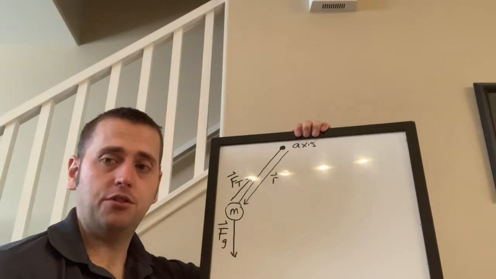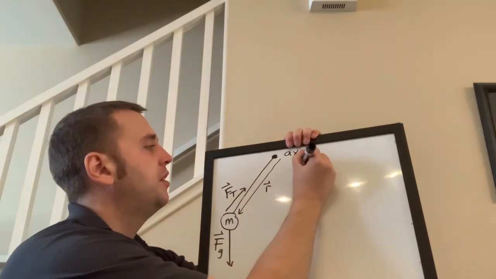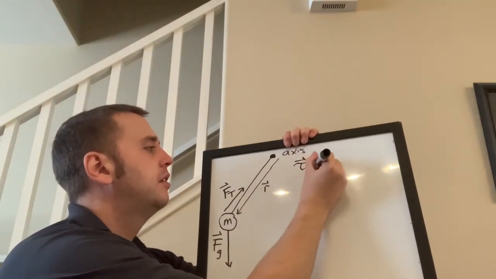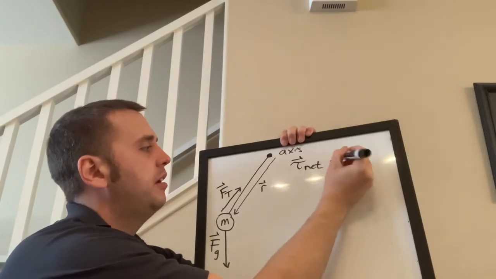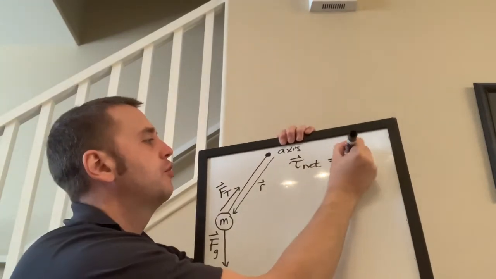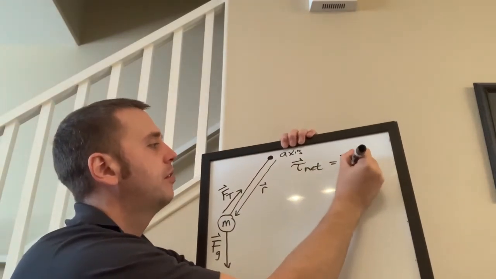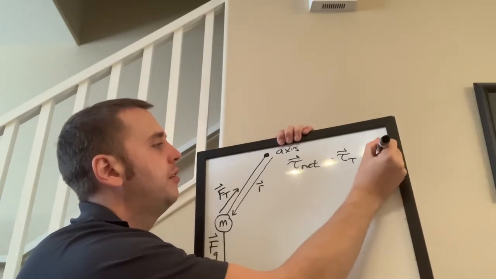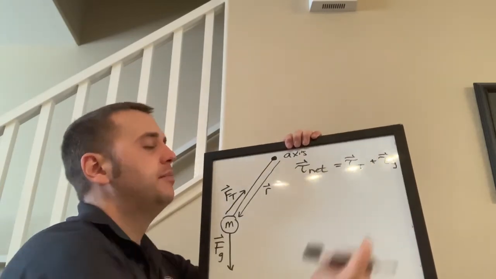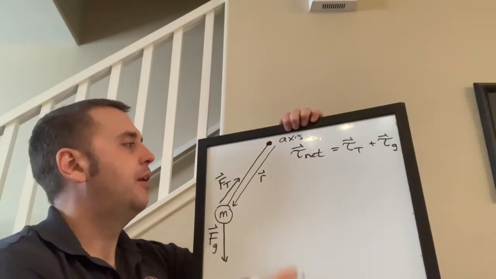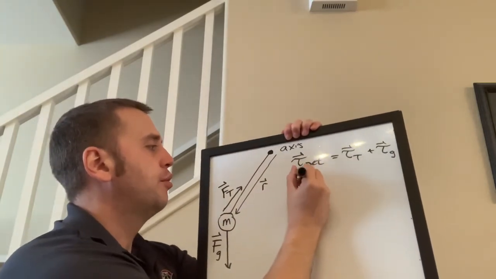So the way this works is if we want to know what the net torque is, that would be the sum of two terms. We'd have the torque due to the tension force, and we'd have the torque due to gravity. Now, in general, how does torque work?